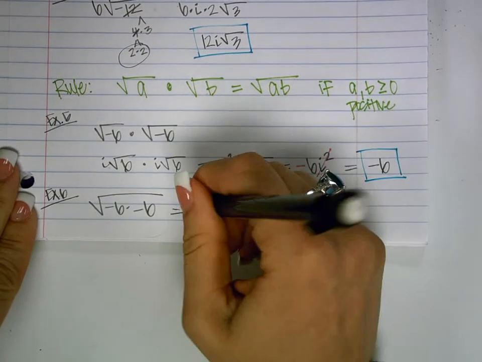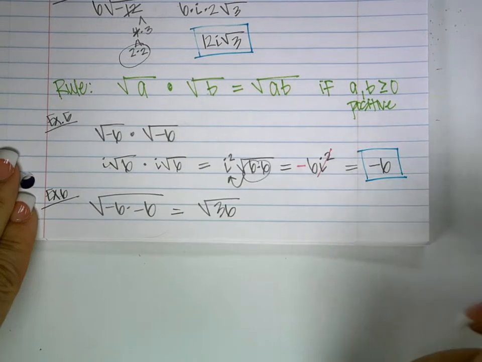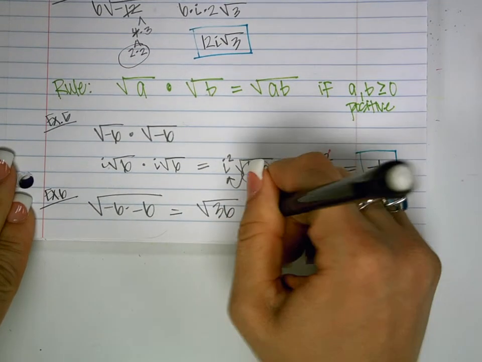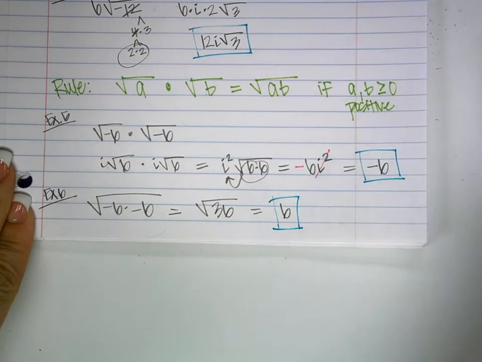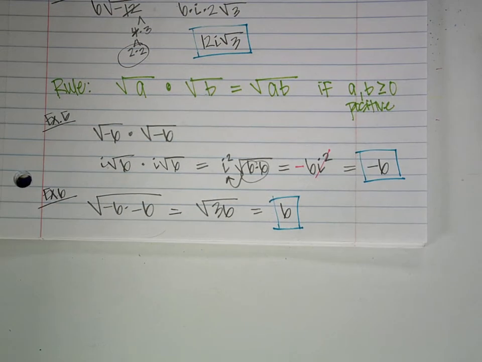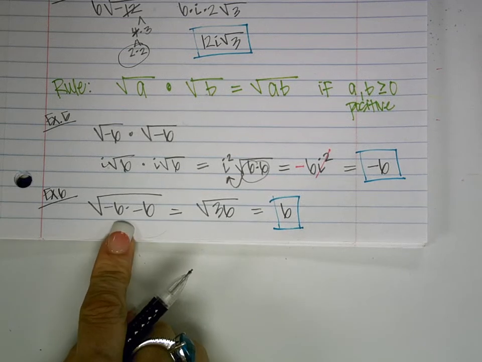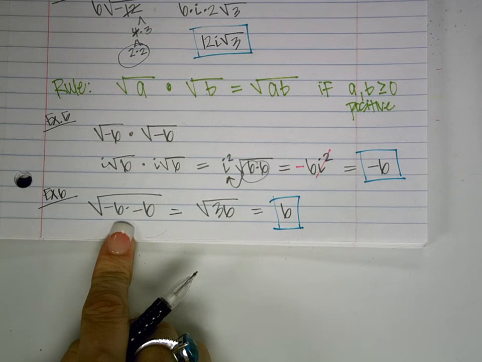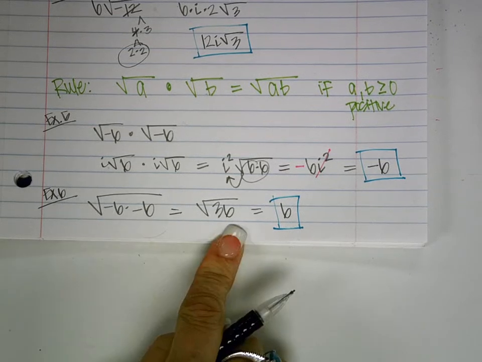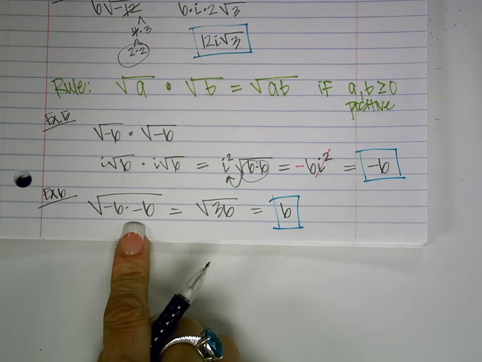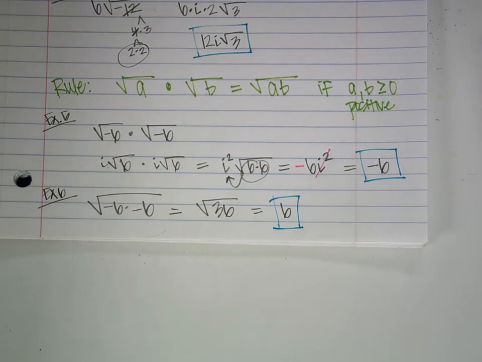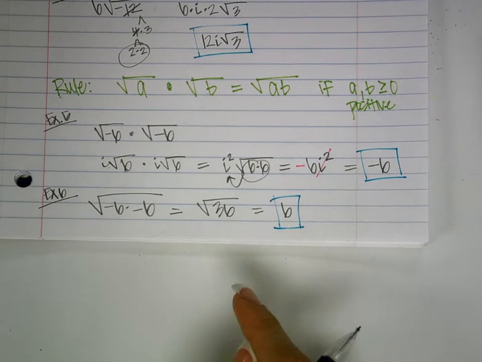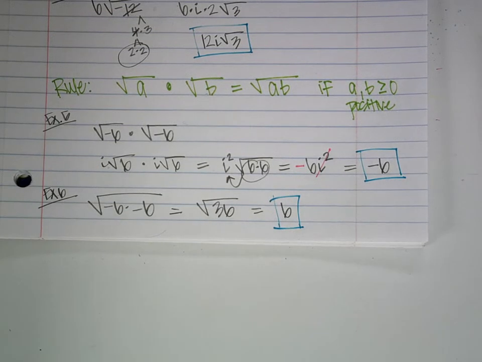This would actually be the square root of positive 36, which is a positive 6. Big difference here. If your problem comes to you with both negatives underneath the same radical to begin with, then yes, they multiply together and the negatives cancel each other out. But if you have to combine them, you first have to take i's out. Then you can combine them underneath the same radical.